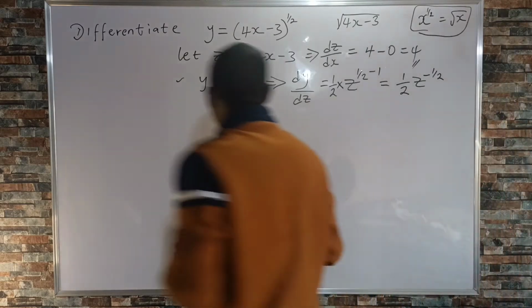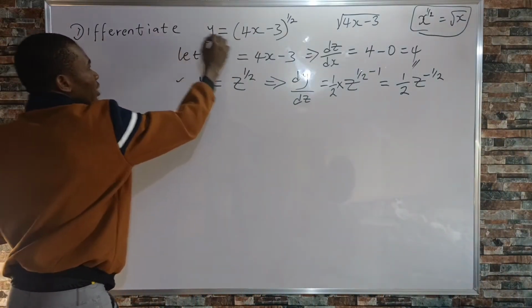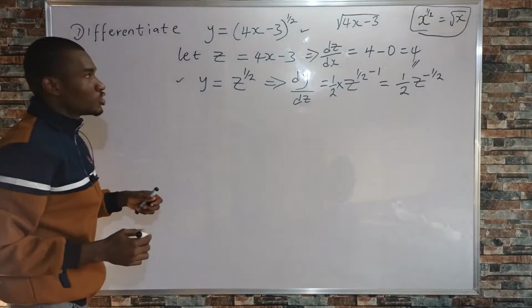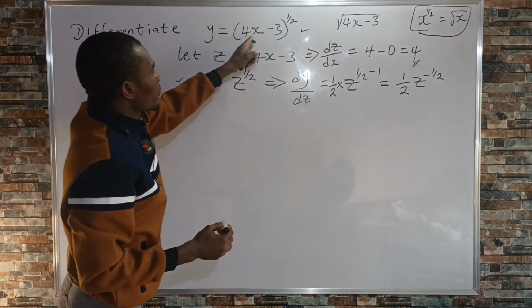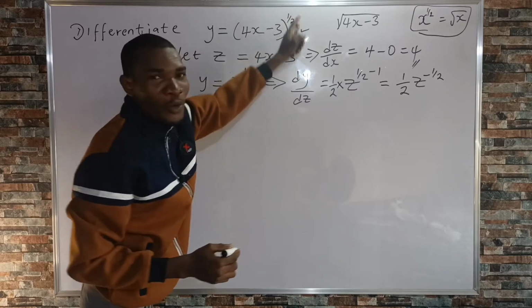Okay. Then remember that this is the function we are targeting to differentiate, which is y equals, in brackets, 4x minus 3 raised to the power of half.